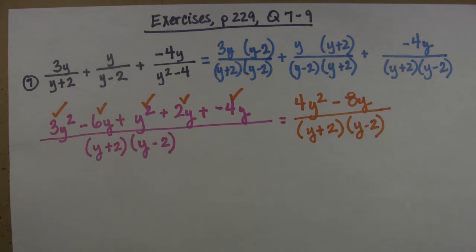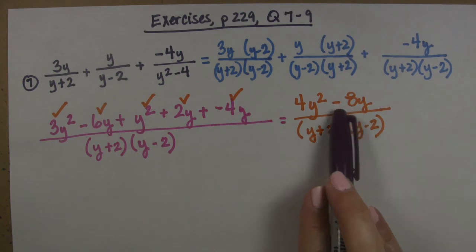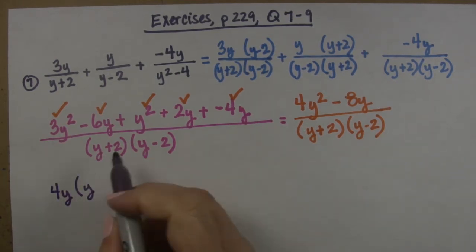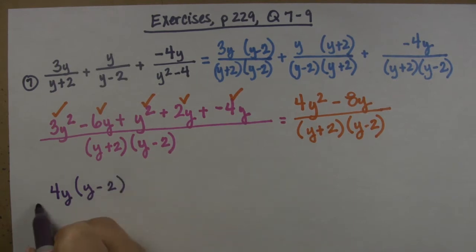So our numerator is now 4y squared minus 8y, which is not in the smallest type of happiness packet that it can be. So how could we break that down more? Well, we could suck a 4y out, and that would leave us with y minus 2.